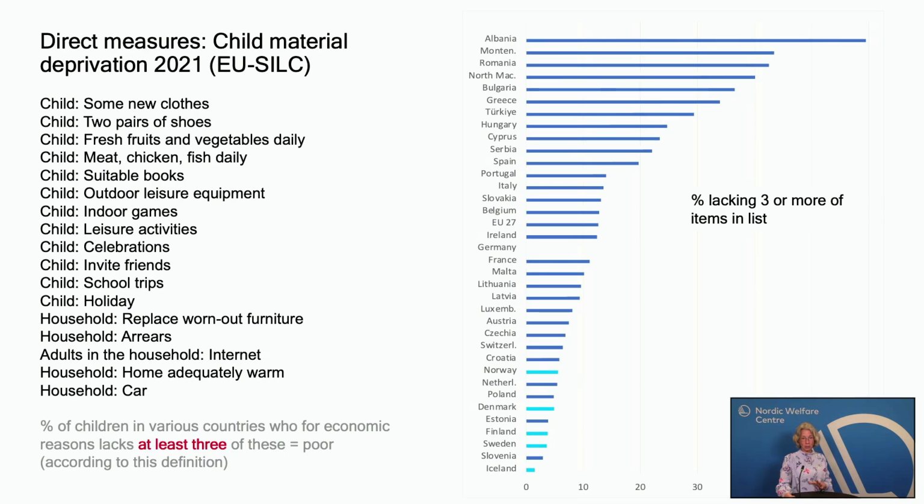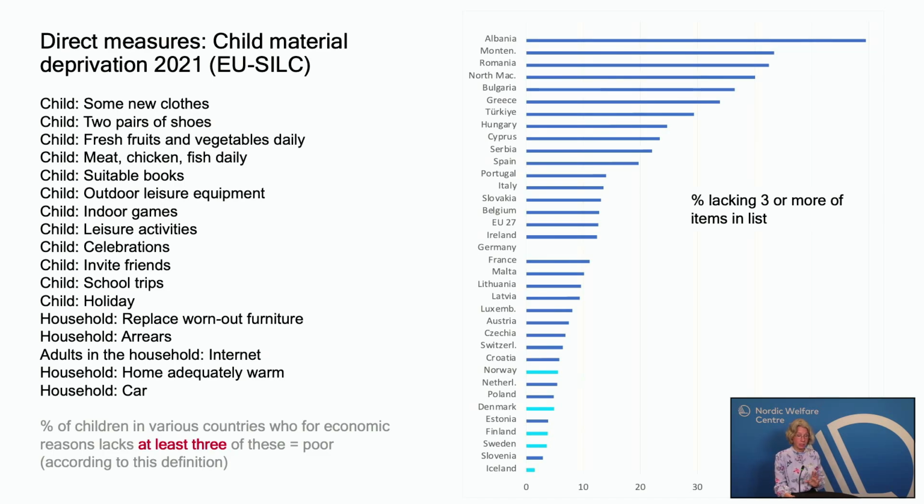But you also see a lot of southeastern European countries having 30 to 40% of children in this situation. We see that the Nordic countries do really well in this respect, but as I said before, we have to think in absolute terms here as well. So 5% is good in an international perspective.